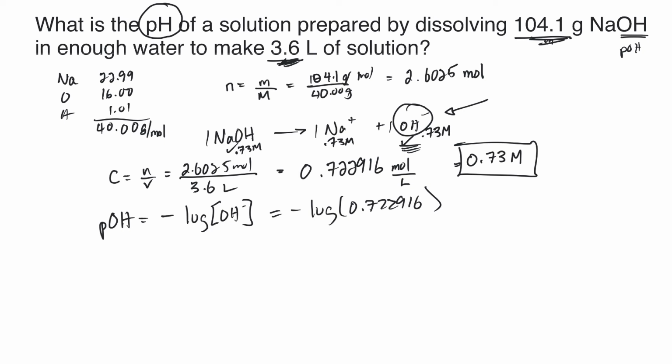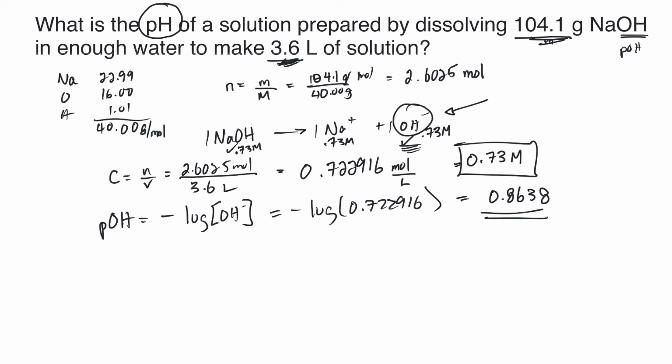Go. So this gives me 0.8638. Now let me think. Yeah, that's fairly concentrated, so that would probably be the pOH. So there's the pOH, which means it's fairly concentrated base.